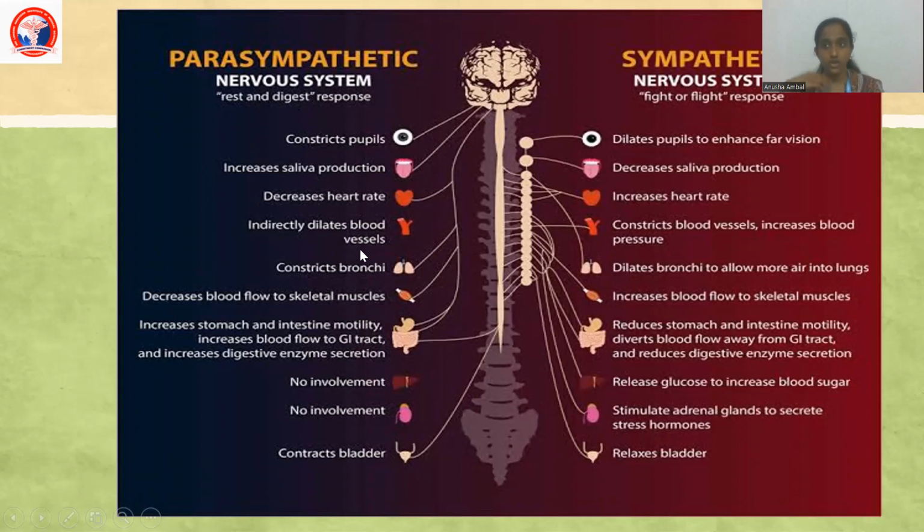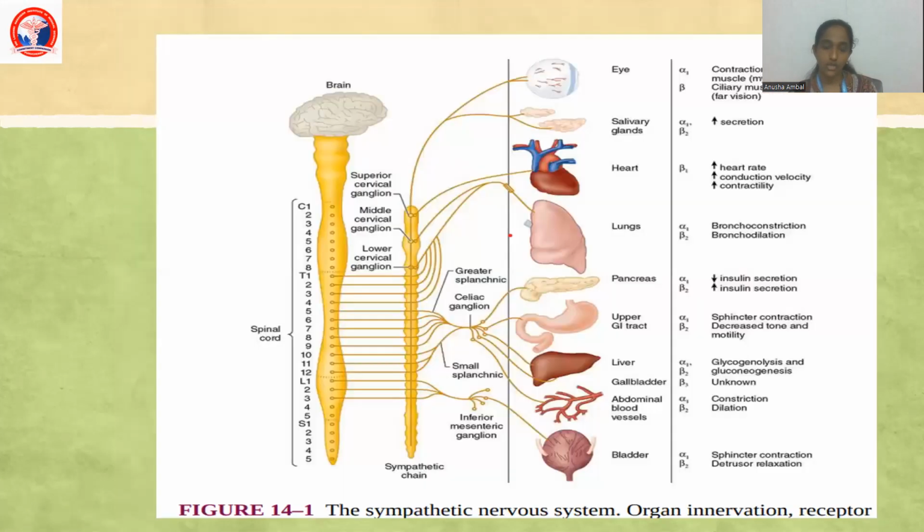In rest, we will not have hypertension or tachycardia. There will only be bradycardia, or a normal heart rate and normal blood pressure, so decreased blood pressure and heart rate. And it will contract the bladder. So in rest and digest, we will have urinary frequency, an urge to urinate, because there will be contraction of the bladder.